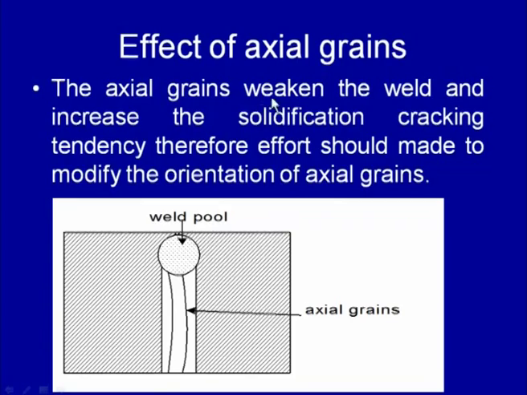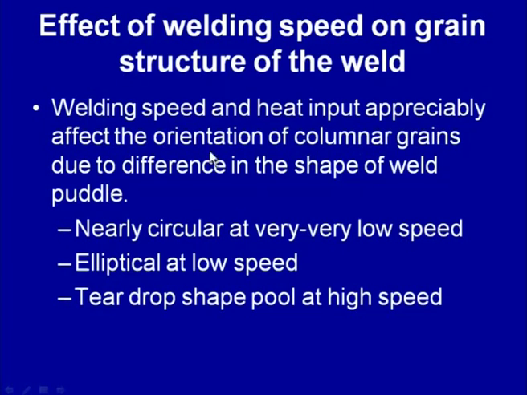Axial grains weaken the weld and increase the solidification cracking tendency, and therefore, efforts should be made to modify the orientation of the axial grain. The welding speed and the heat input appreciably affect the orientation of the columnar grains due to the difference in shape of the weld pool.